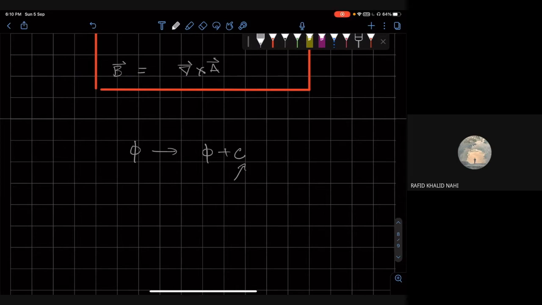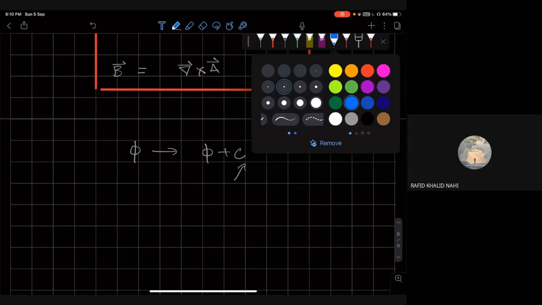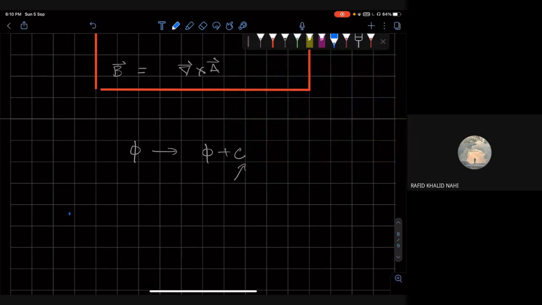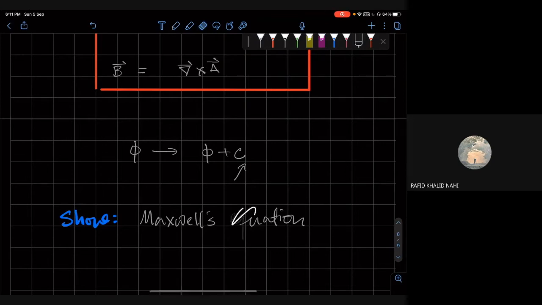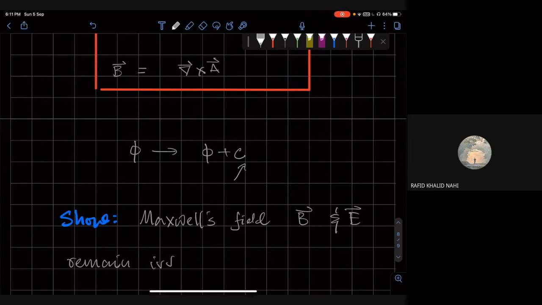But it turns out, and this is something I want you to show because it's a fun exercise to do and very, very easy, is to show that Maxwell's equations, or Maxwell fields, I should say, say B and E, remain the same. When we try to be fancy, we use the word invariant.